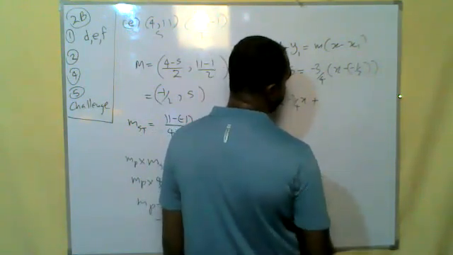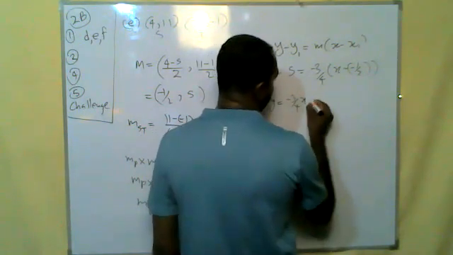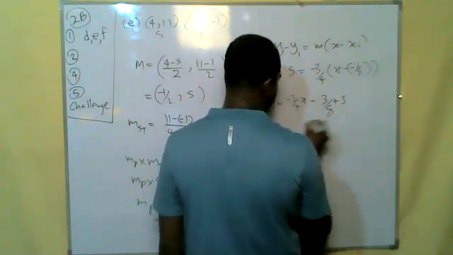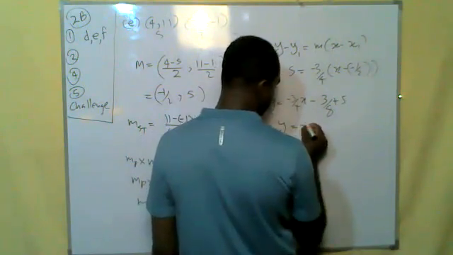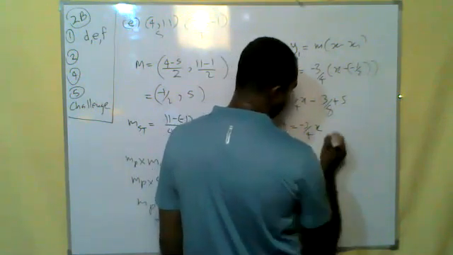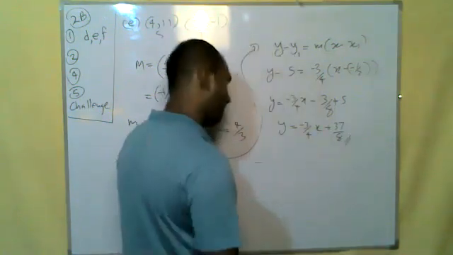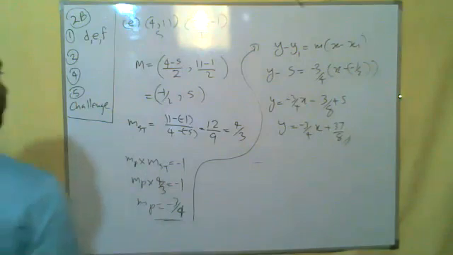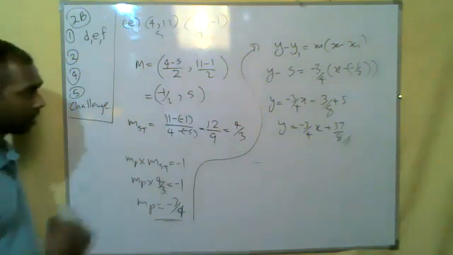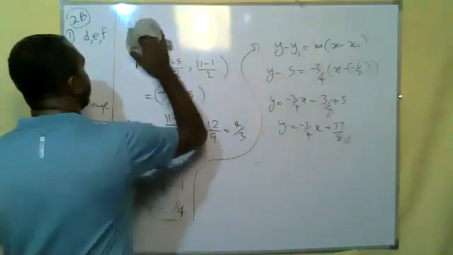It's going to be plus and again minus, plus 5. So y equals minus 3 over 4 x plus 37 over 8.